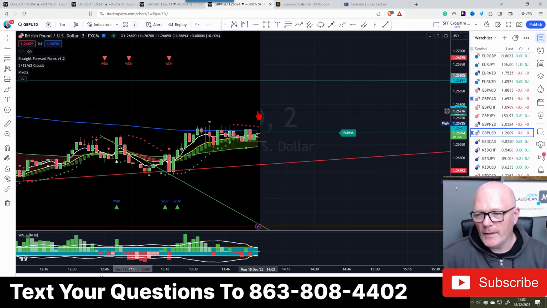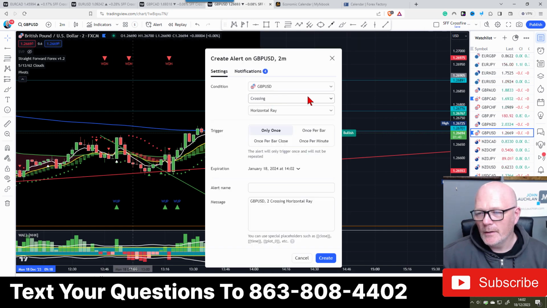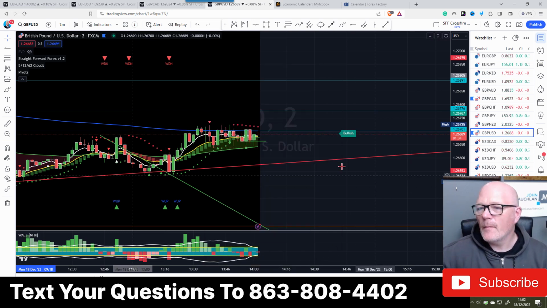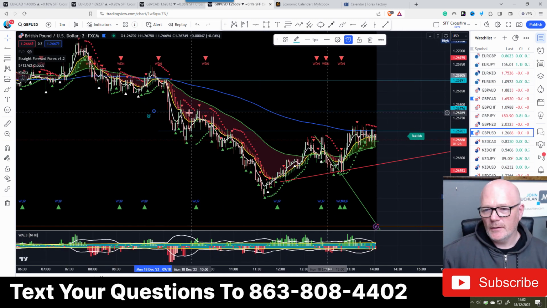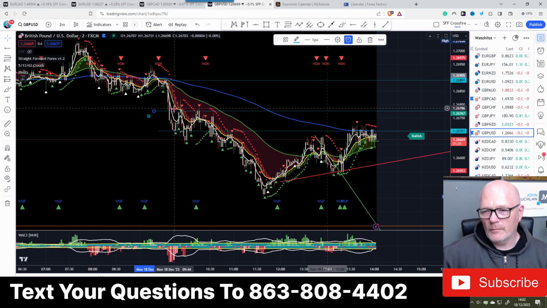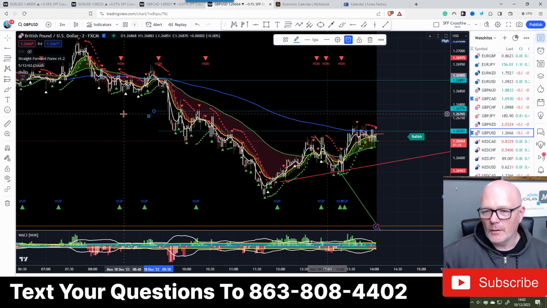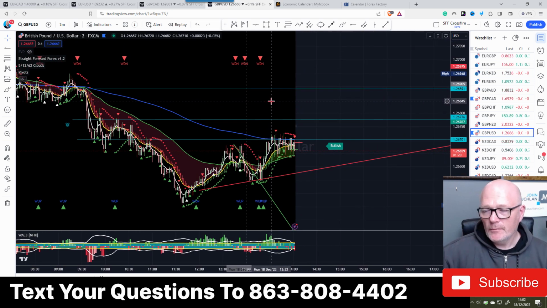If we look at this area of interest, we could just go and put an alert on it, crossing the horizontal ray, create. So when the price goes up to the horizontal ray, I'm going to get an alert, and that alert may well pay dividends. It may not, but we'll have a look. It just saves us looking at the charts all day.